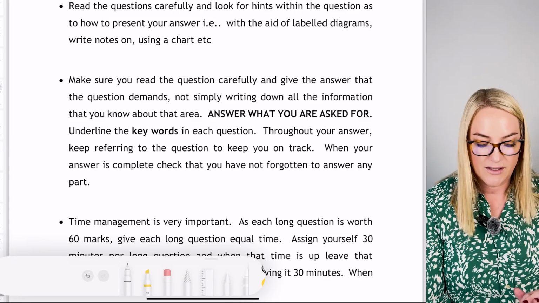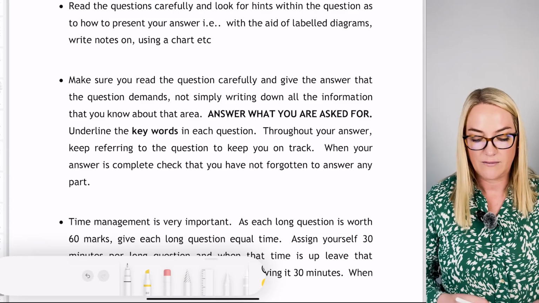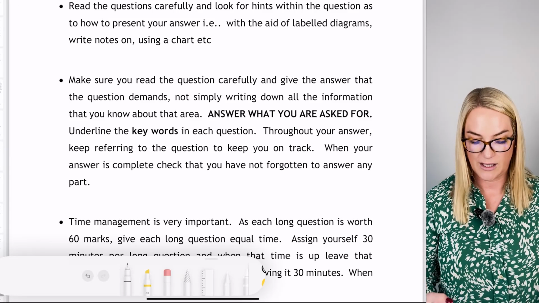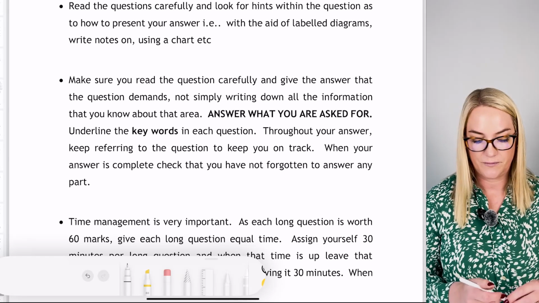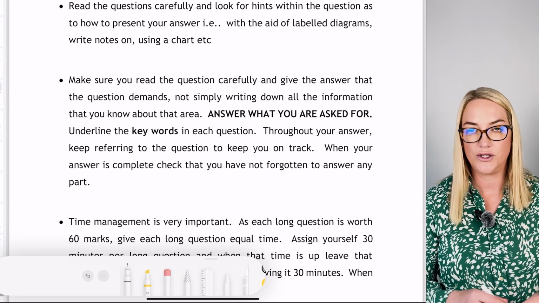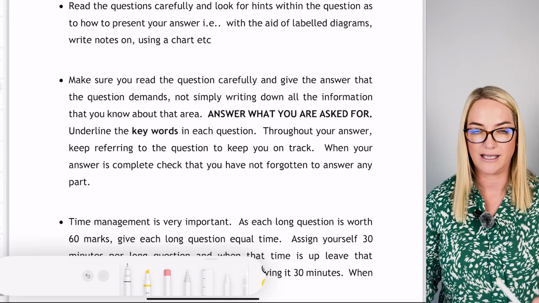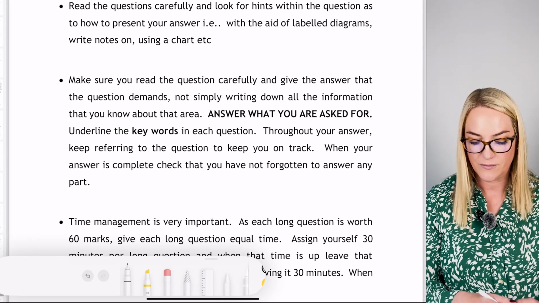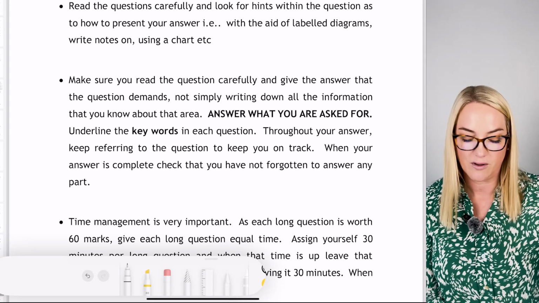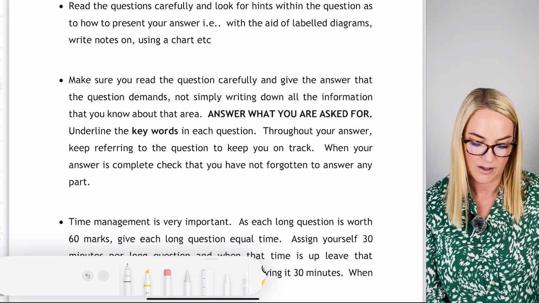Okay, next point here. Make sure you read the question carefully and give the answer that the question demands, not simply writing down all the information that you know. Answer what you are asked. Don't go on a rant, don't go on a ramble. Use the key words in the question. So throughout your answer, keep referring back to the question so it's keeping you on track.